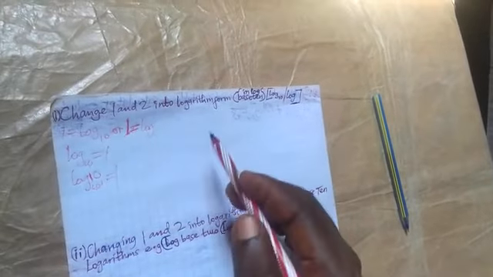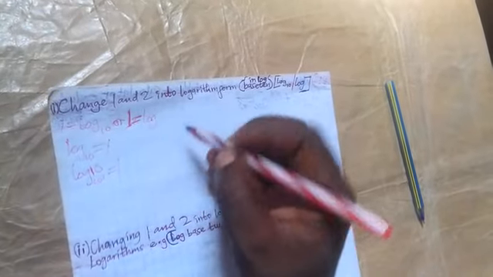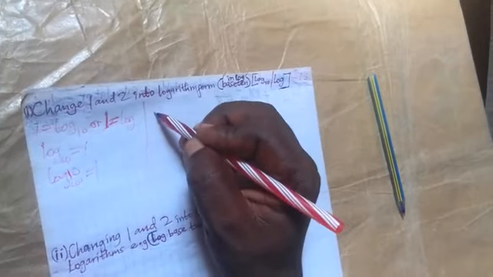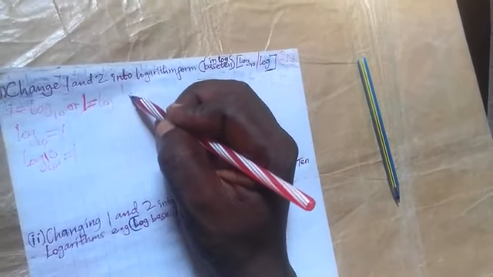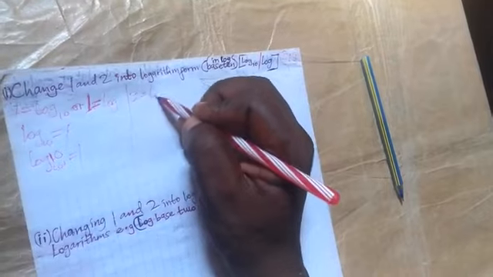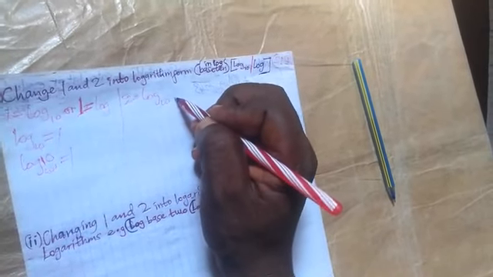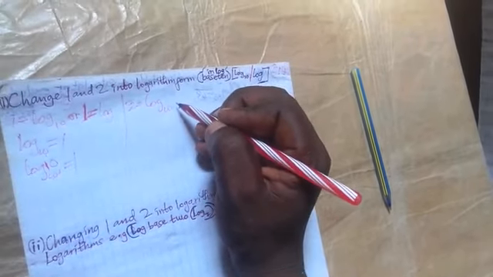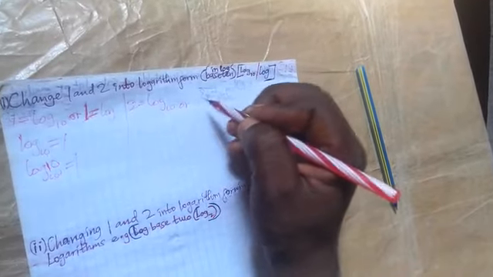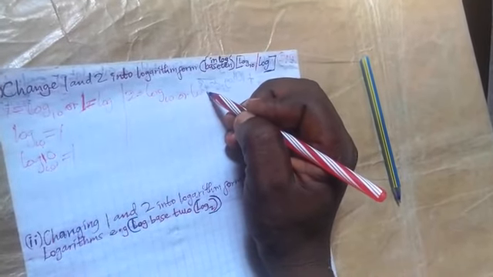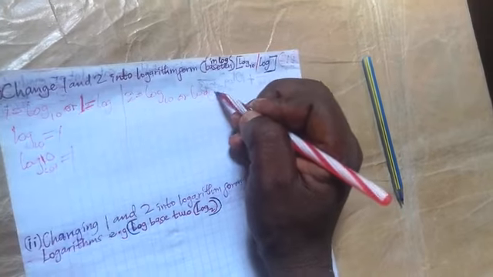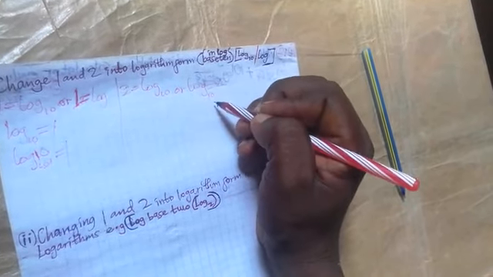And for the sake of 2, we say 2 is equal to log base 10, or log base 10 is equal to 2. Remember here there is 10.